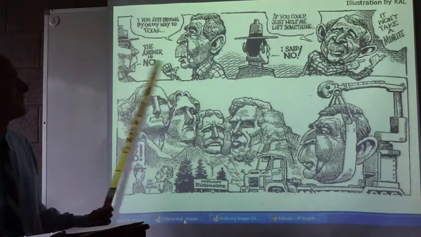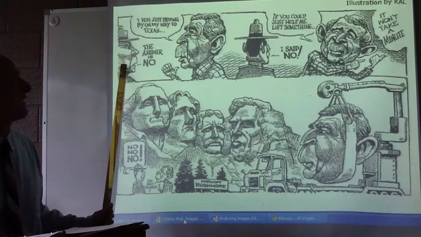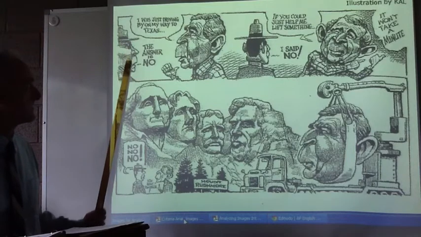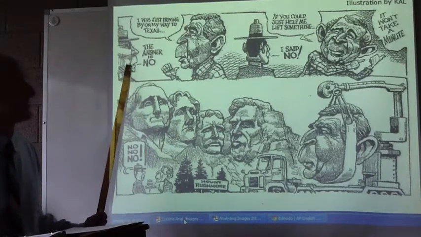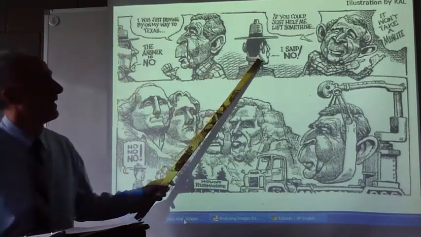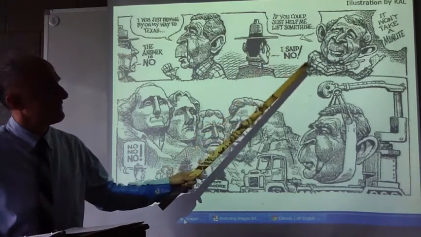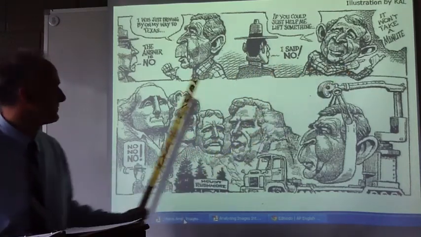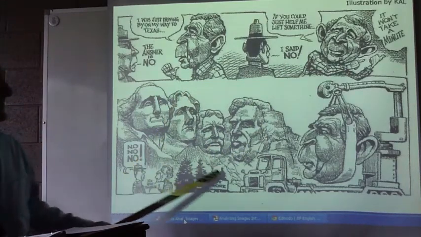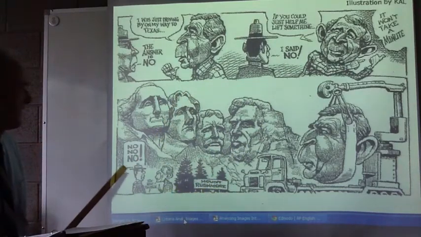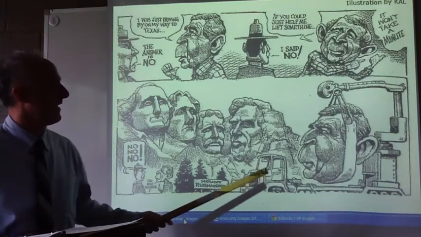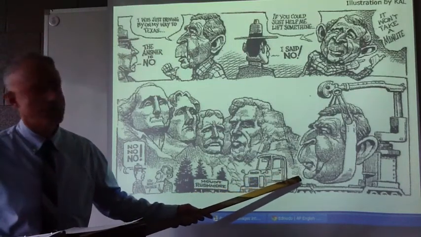George Bush is speaking to a park ranger, and he's saying, "I was just driving on my way to Texas." And he says, "No. The answer is no." The park ranger says, "If you could just help me lift something." "I said, no, it won't take a minute." And now we see he's in front of Mount Rushmore, and the park ranger is adamantly saying no. And what is it that George W. Bush wants?